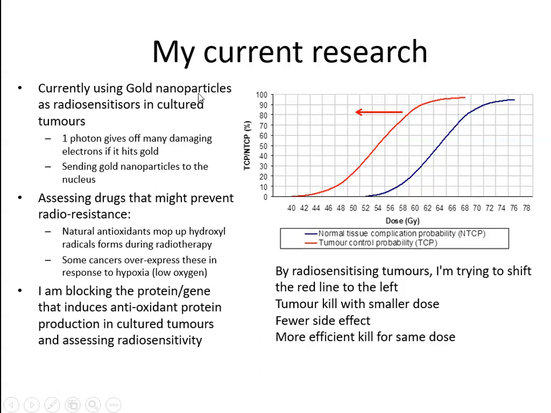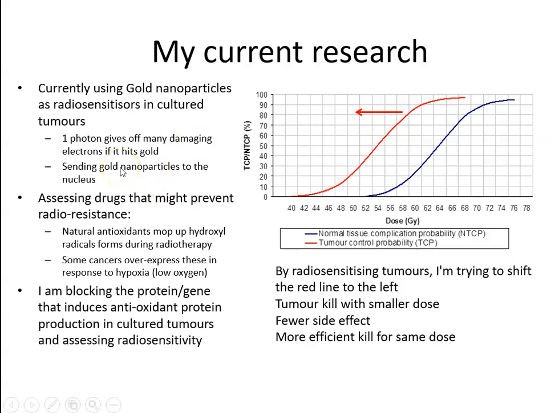And the beauty of gold is when they are hit by a photon, they often give off loads and loads of damaging electrons. So one photon could hit a gold nanoparticle, it can resonate and then give off lots of local electrons, and those local electrons can cause more damage. So if the photon hits the gold, it can cause more damage than the photon passing through the cell and splitting the odd water molecule.